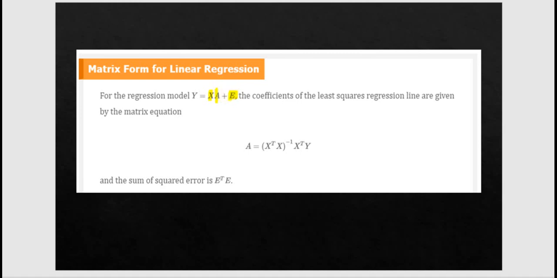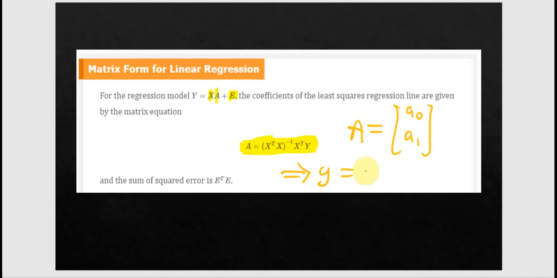So let's take the first problem. Again, all you need to know is this. And once we find A on our graphing calculator, then from there you will extract that A is equal to a naught, a sub 1, and then from there we can produce the line equation.